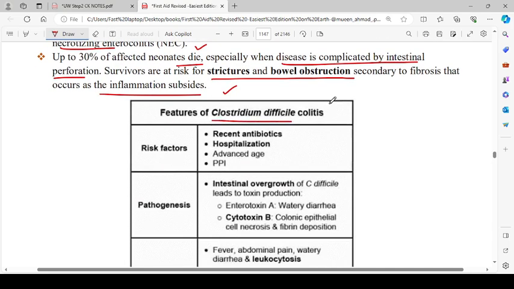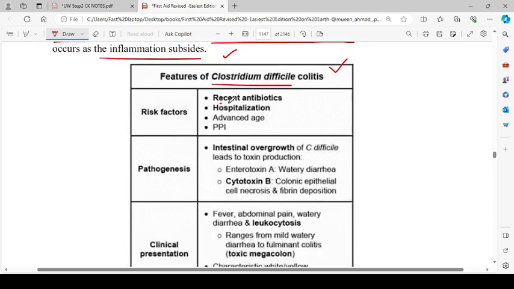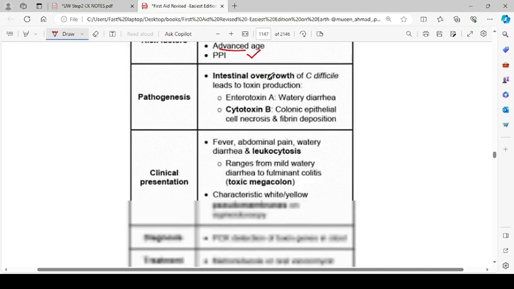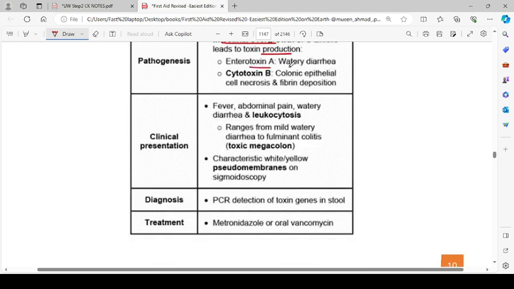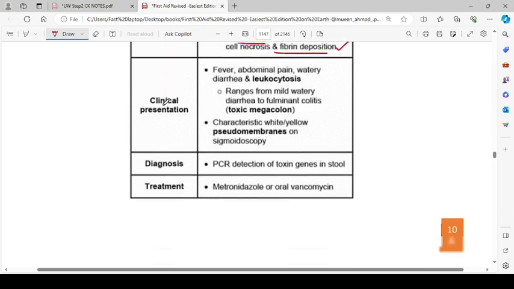What are the features of Clostridium difficile colitis? The risk factors are recent antibiotics, hospitalization, advanced age and PPIs. Pathogenesis is intestinal overgrowth of C. diff, which leads to toxin production. Enterotoxin A causes watery diarrhea, and cytotoxin B causes colonic epithelial cell necrosis and fibrin deposition. The clinical presentation is fever, abdominal pain, watery diarrhea, and leukocytosis.